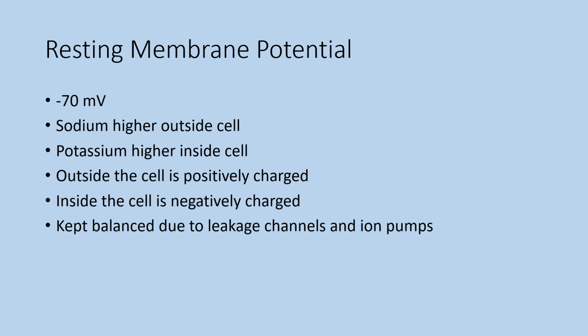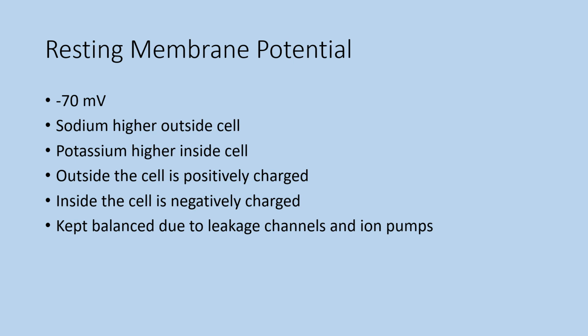Usually in the cytoplasm, in the cytosol, the liquid portion of the cell, usually calcium is very low. It's going to be higher outside the cell, because you have some chlorine and other ions inside. Basically what happens is outside the cell is positively charged, inside the cell is negatively charged.